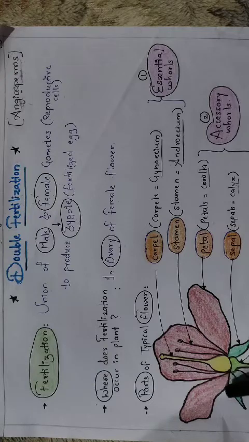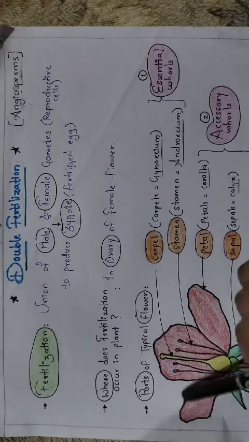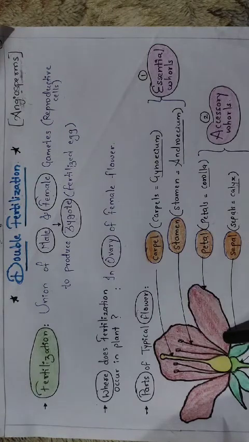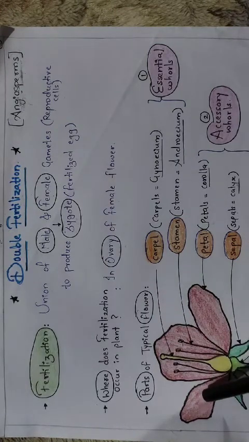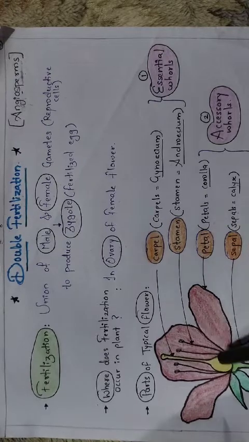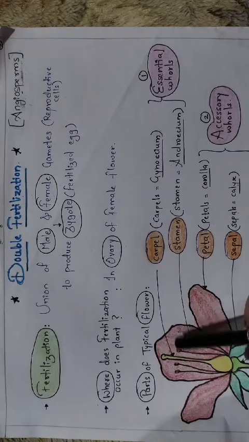Next to it, just above it, there are many outgrowths which have attractive colors and a sweet fragrance. As we all know, flowers look very attractive because they have different colors and even a sweet fragrance.